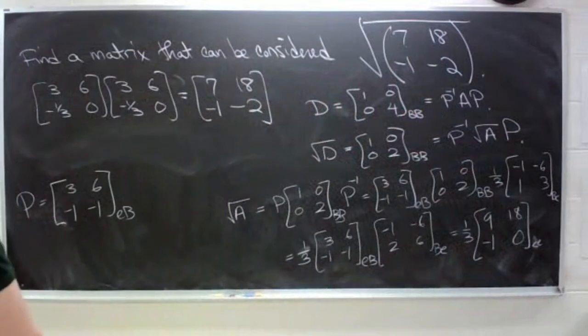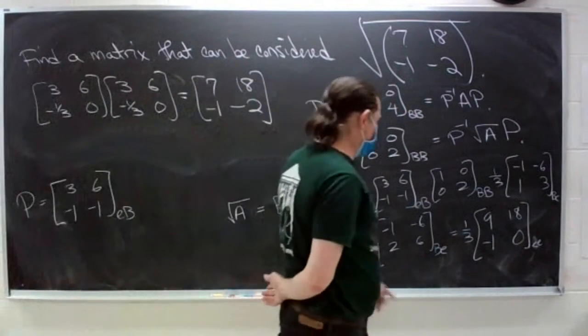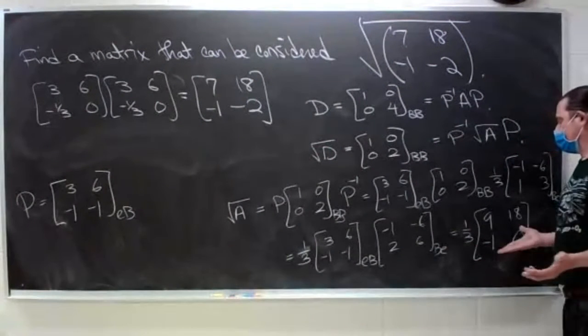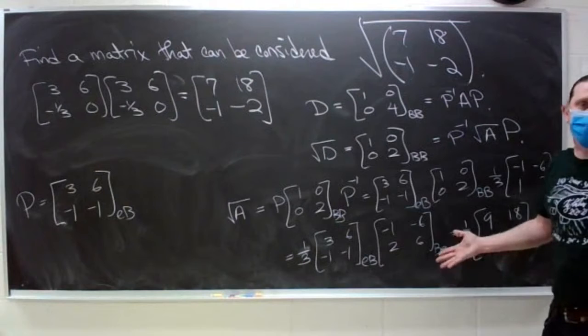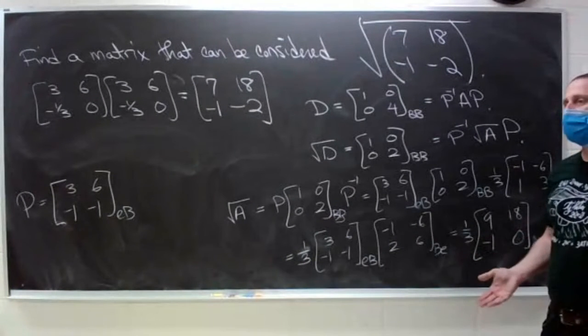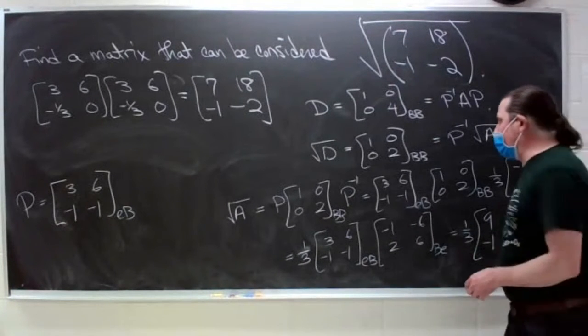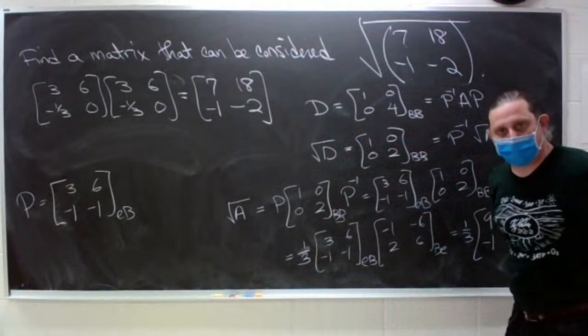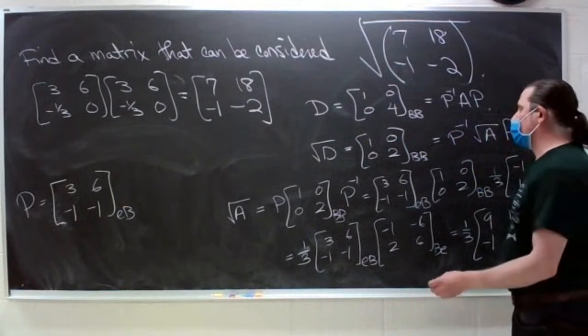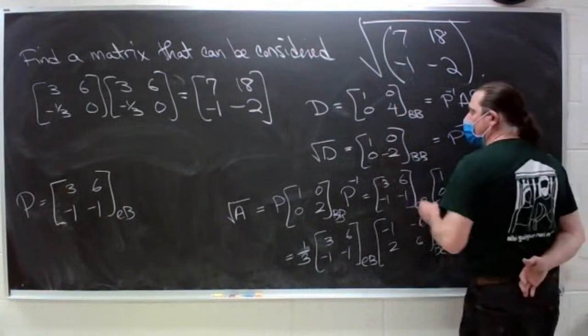Now, obviously, we could also use negative this matrix, because if I put a minus sign in front of the whole thing, I mean, I'm going to square it, right? It's going to give me the same matrix. It might be surprising that we could get a completely different matrix by doing this.